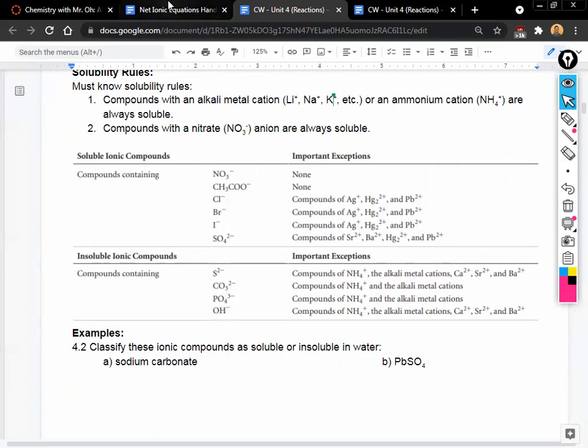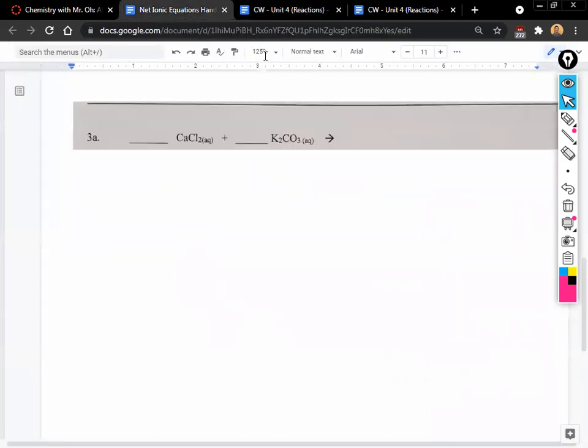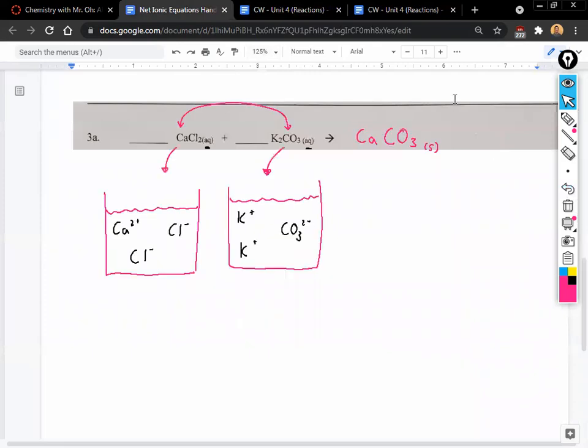Obviously calcium is not; calcium is a group 2 cation. That's why calcium carbonate is going to form a solid. If we mix these two solutions together, on the bottom we're going to get a solid, a precipitate, and that's going to be calcium carbonate. And that's what a precipitate is.